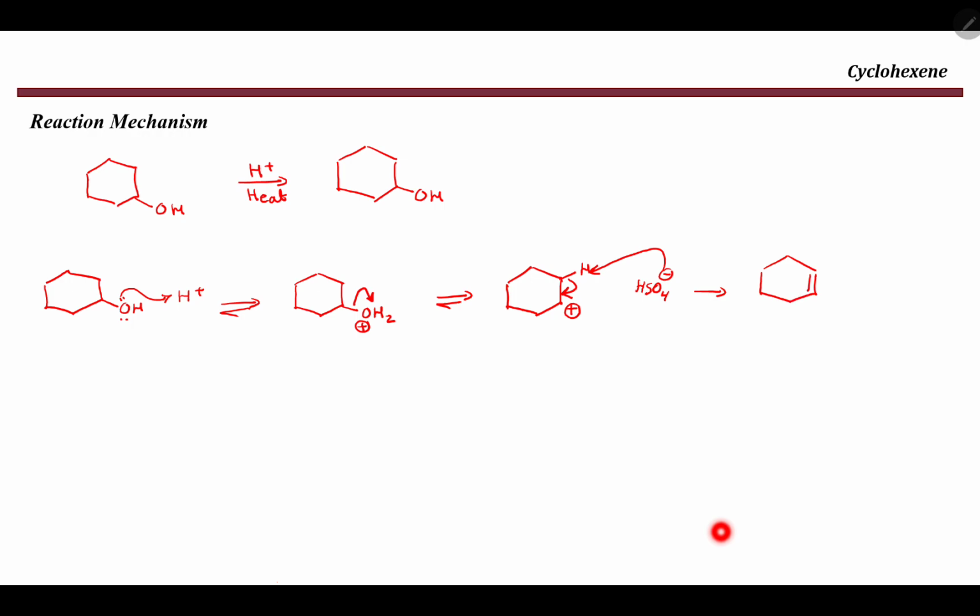Now, if the alcohol is primary, usually the mechanism will be an E2 mechanism instead of this mechanism, which is an E1 mechanism. This is called an E1 mechanism because it involves the formation of a carbocation after the departure of the OH group. So this is the dehydration mechanism of cyclohexanol into cyclohexene.